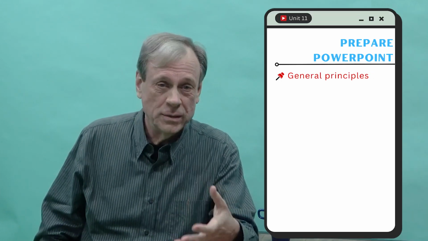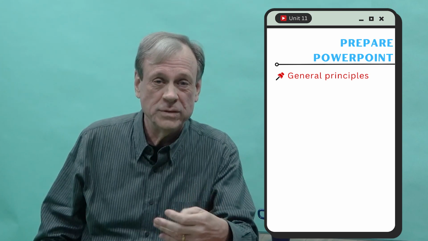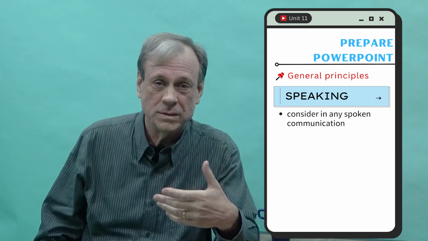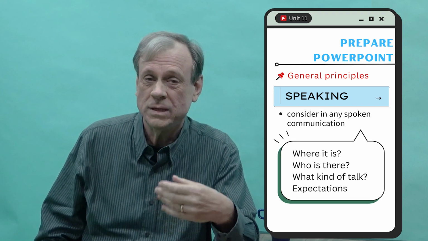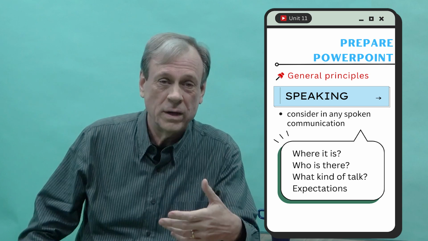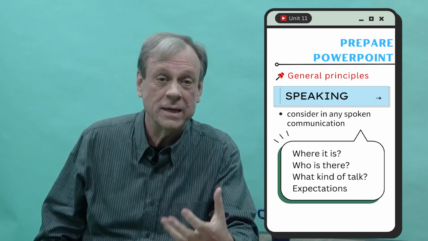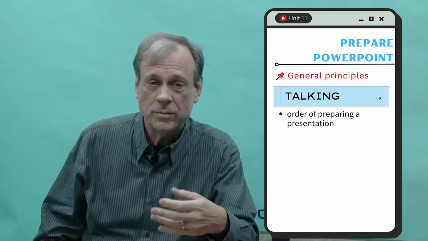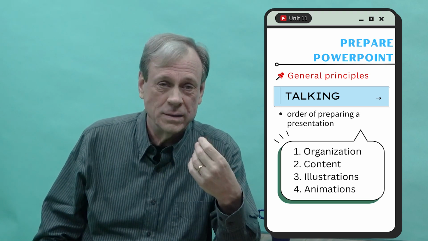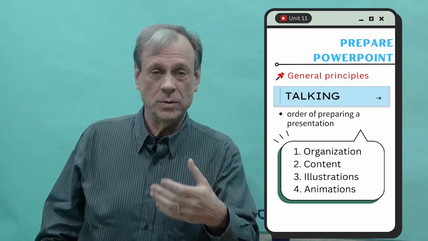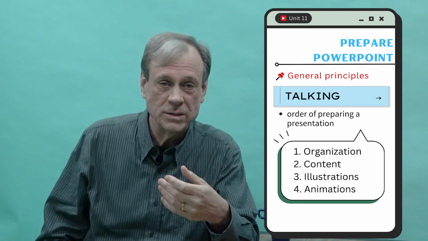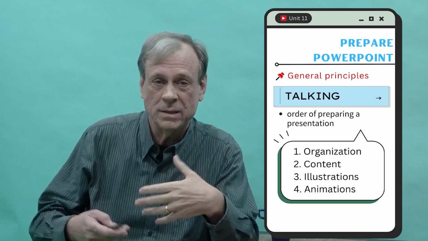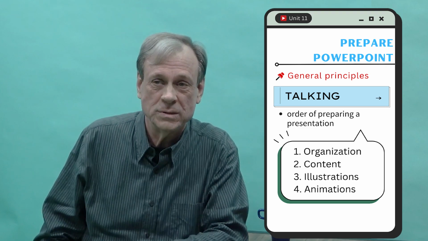Also remember the general principles that we talked about in the previous unit, things about the talking grid, the things that you need to consider about where the presentation is, who's involved, what kind of a talk it is, what the expectations and norms are for that type of talk. The talking grid that we talked about, doing it in a reasonable order, the general organization, then the content, then key illustrations and developing interest and keeping interest.